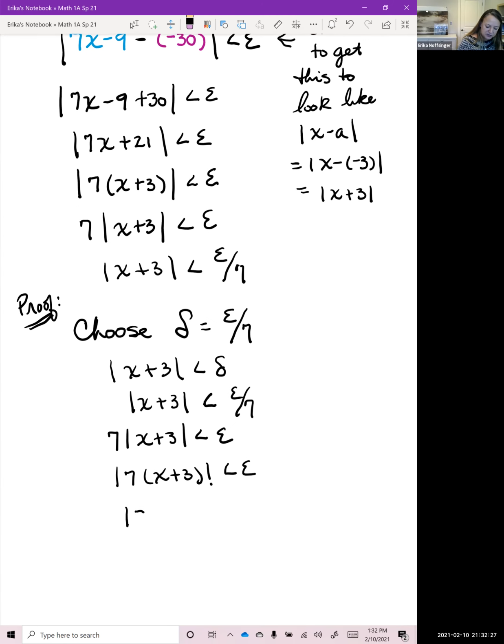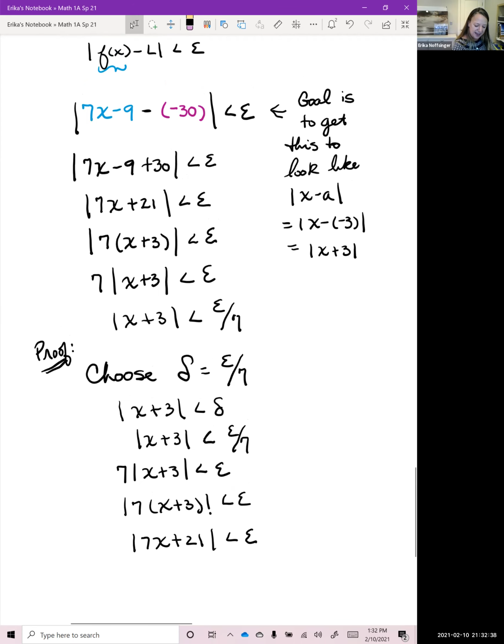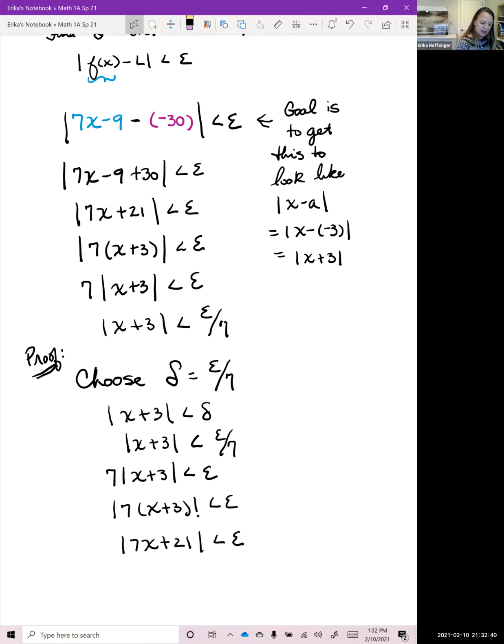Distribute. So 7x plus 21 is less than epsilon. We're trying to manipulate this to look like f of x minus L. We can do that by rewriting 21 using -9 plus 30.